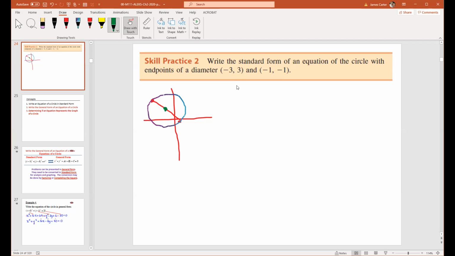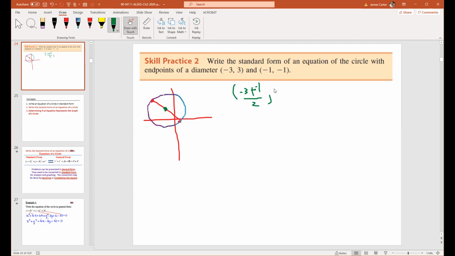Now, let's do this. We've got to go through some steps. First, we need to find the midpoint of these two points. So we've got -3 plus -1 all over 2.